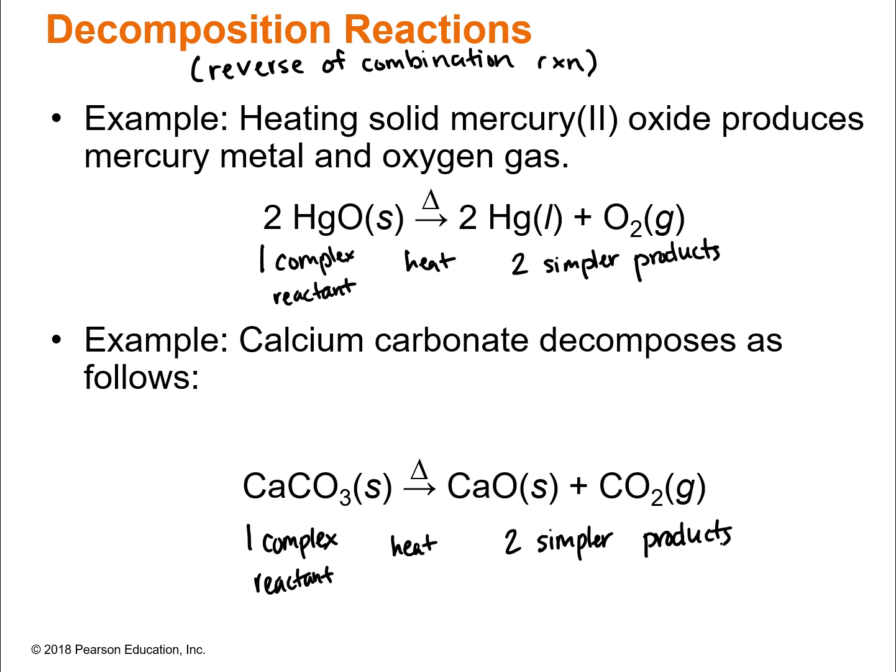And what we mean by simpler is just there aren't as many elements in each compound. So we've got 3 elements in this complex reactant. We've got 2 elements in one product and 2 elements in the other. So those are simpler. Again, it's the reverse of a combination reaction. So if you can remember a combination reaction because it tells you what it is in the name, just remember that decomposition is the opposite.